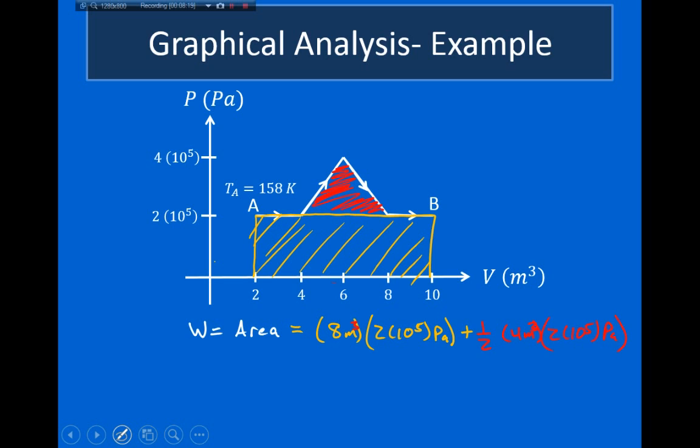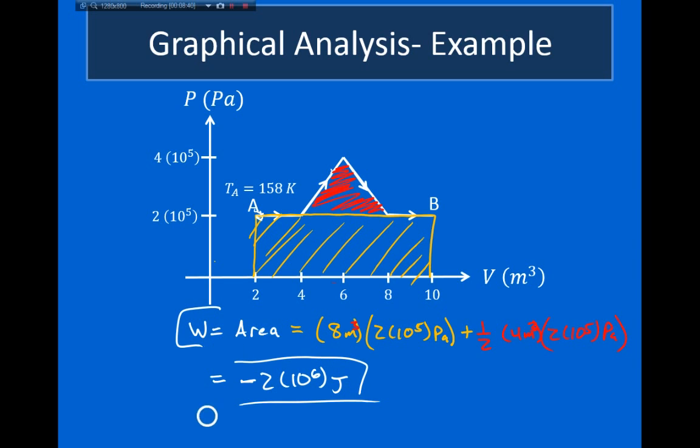Finally, if I plug all this into a calculator, I see that this work is going to be equal to 2 times 10 to the 6th joules. And then lastly, we want to be careful about the sign. Because this gas is expanding, so it starts out at a smaller volume and it expands to a larger volume, the work that is done is going to be negative, right? The gas is doing work, the gas is expanding, so the work that is done is negative.